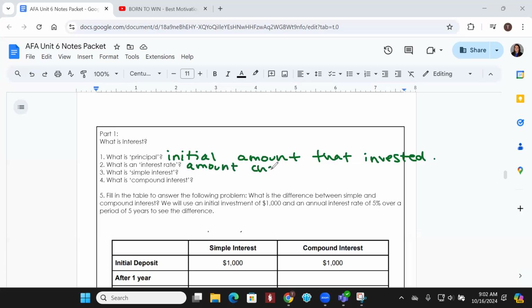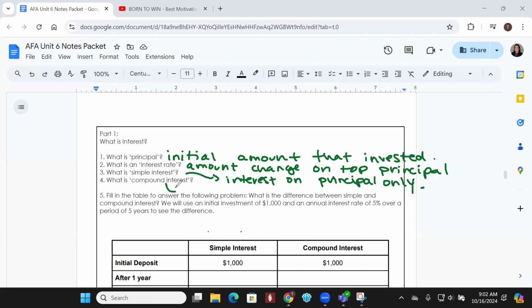Amount change on top of the principal. Okay. What is simple interest? Interest on principal only. Okay. And then compound interest. Yes, on both principal and interest already paid.